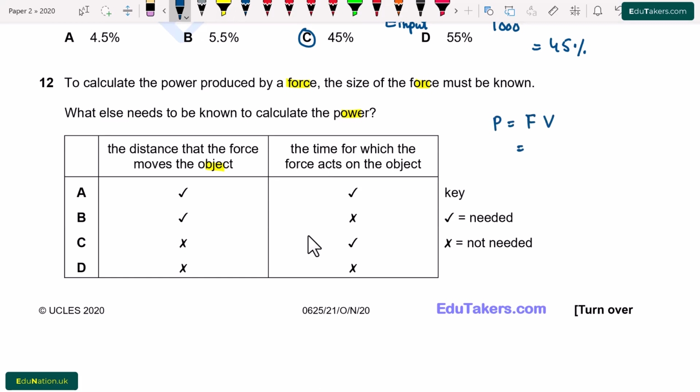So velocity is basically equal to d over t. So power is basically determined by three factors: force, distance and time. It means that we also require the distance and also the time. So from here option A is correct, which shows distance and time.